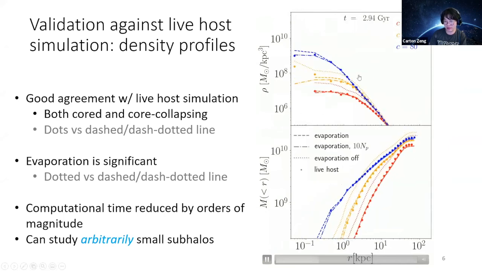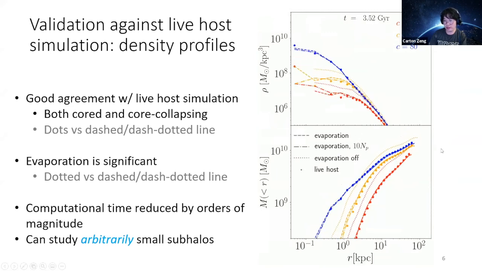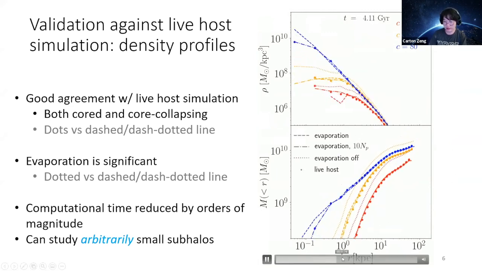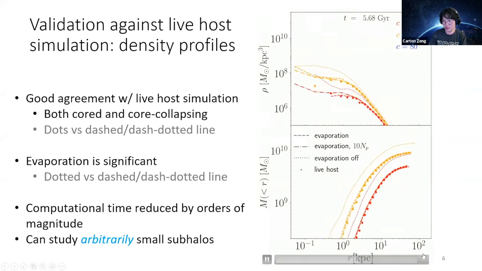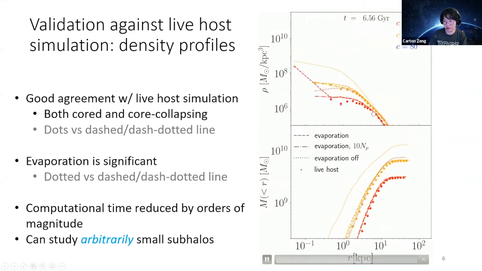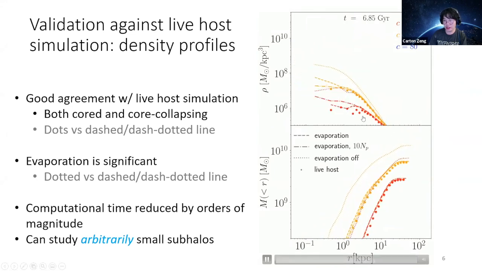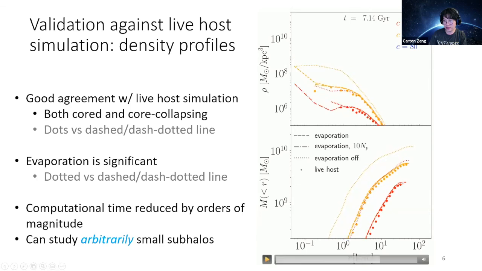This tells us really the difference between including the evaporation effect or not in the evolution of the subhalo. Maybe I can accelerate this a little bit. Our method in the dashed line shows remarkably good agreement with the live host simulation in the scatter dots. So this is the validation of our method.